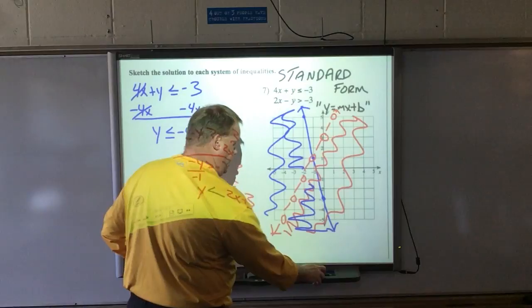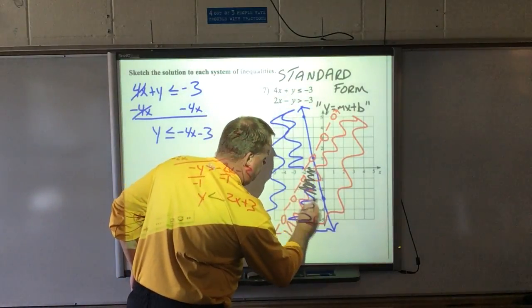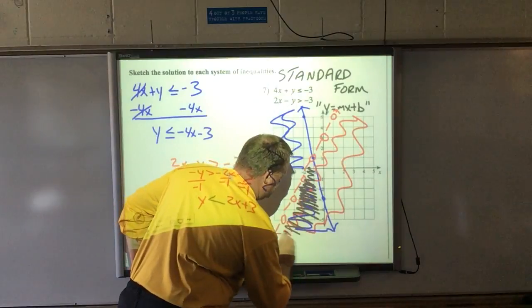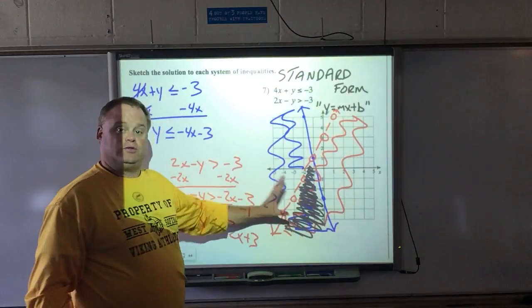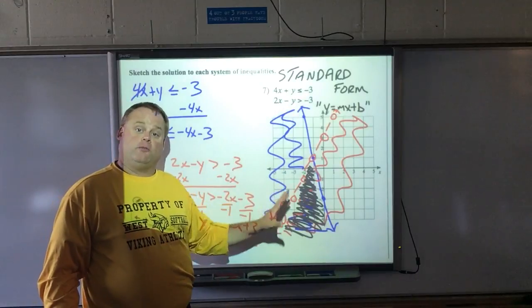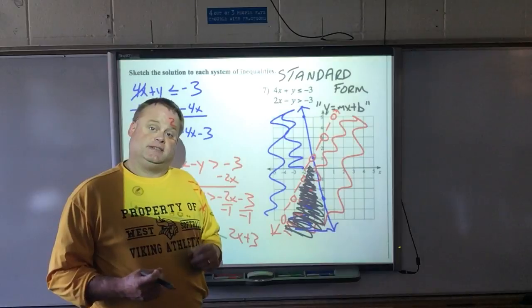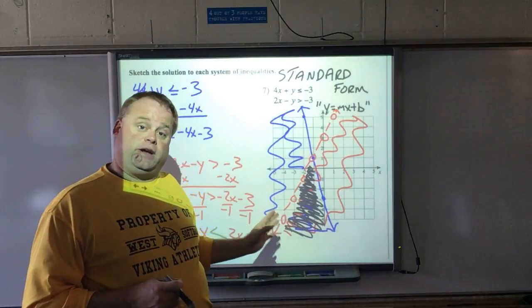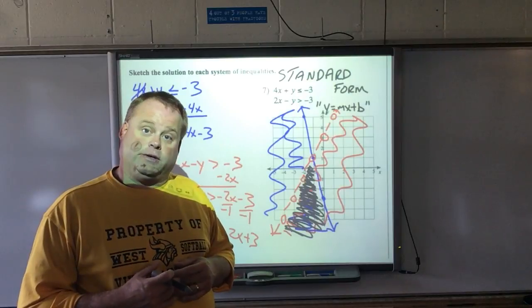Where I double shaded, once again, is my solution. So my solution is going to be right in here. These points on the graph are my solution to this system of inequalities. In essence, these values right here are what make true statements for these inequalities.